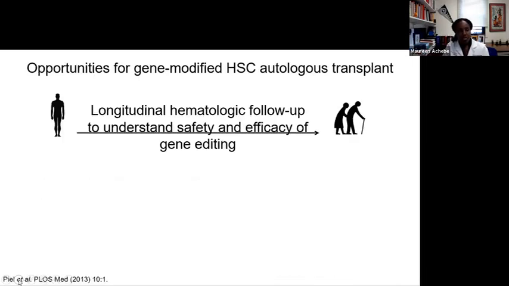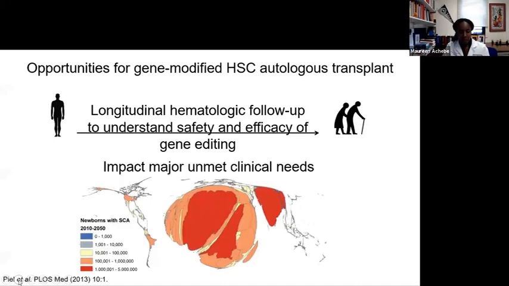We think that the opportunities for gene modification or gene editing therapy will depend heavily on the longitudinal follow-up that can confirm safety and efficacy of gene editing. And we need to make sure that as we are successful with gene editing therapy, that we are able to impact areas of the world, sub-Saharan areas specifically, where sickle cell disease has its most clinical impact.